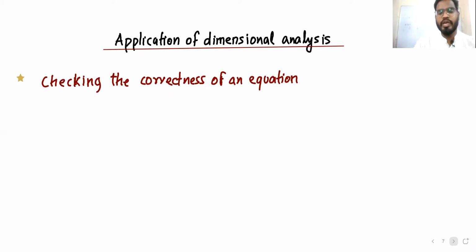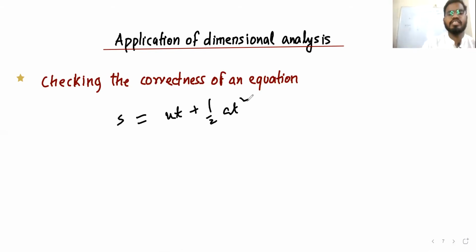Let's see one equation we are going to check. Let's consider displacement: S is equal to ut plus half a t square. S is displacement, u is initial velocity, t is time, half is constant, a is acceleration, t is time.